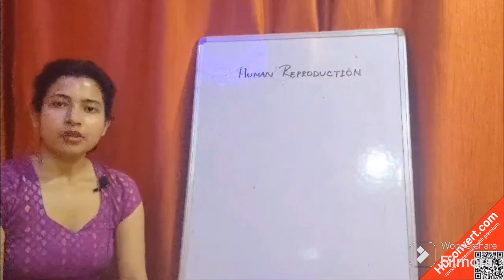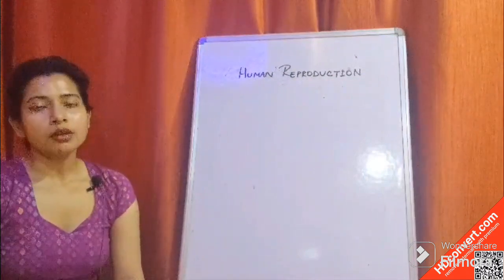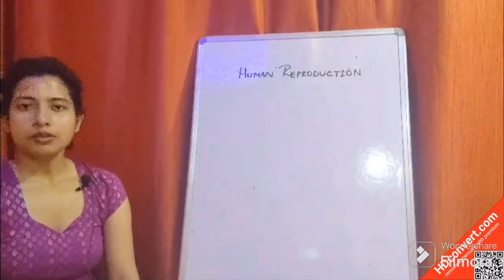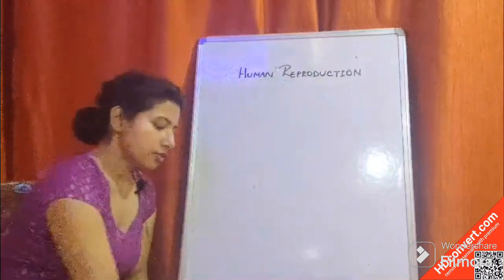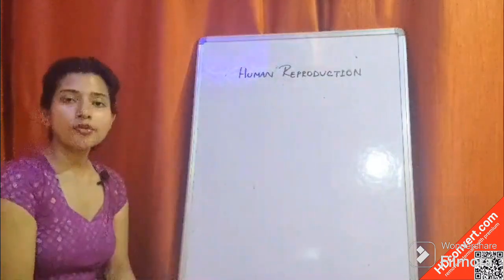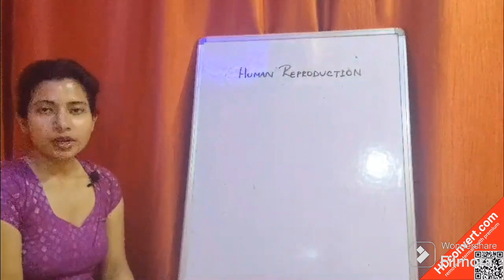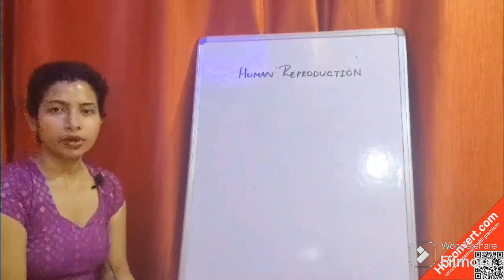We have seen the human male reproductive system. Now we are going to start the female reproductive system. It is equally important. So let's draw the structure at first. In case of human female, the primary sex organ or the primary reproductive organ is ovary.